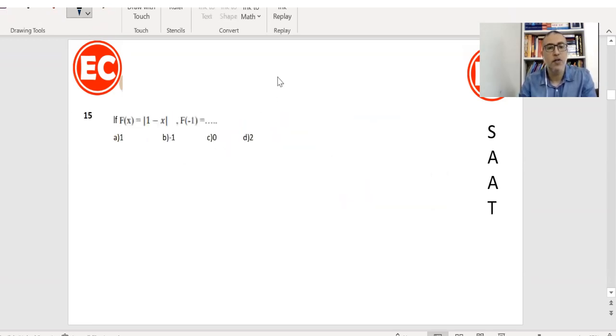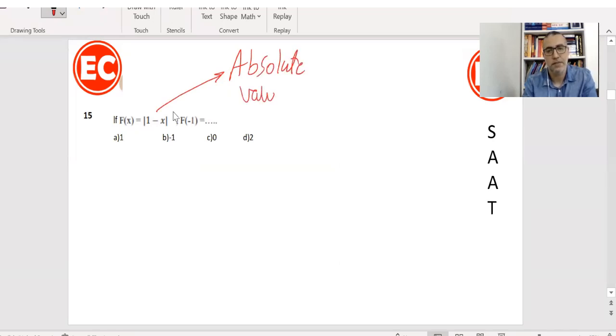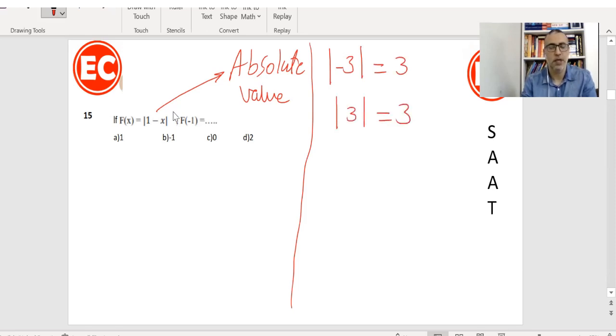For number 15, it is an absolute value. What do I need to know about absolute value functions? Let me explain. The absolute value of -3 is equal to 3, and the absolute value of 3 is equal to 3.